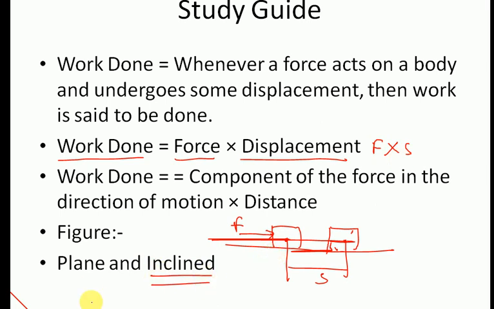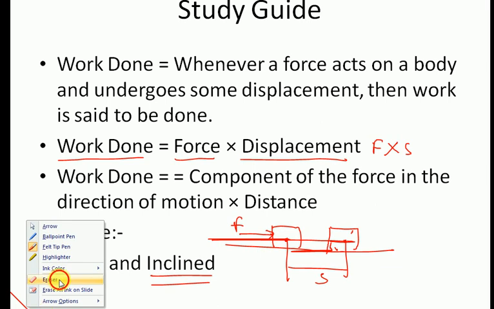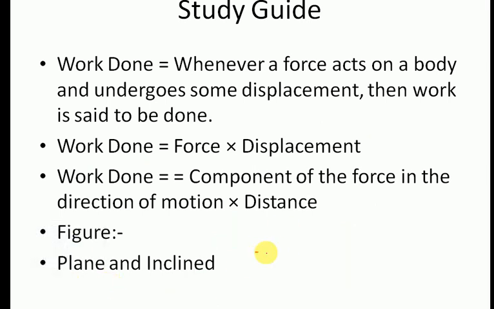Now, an inclined force. What will happen? Let us think about the same object. Now I am applying the force from this point, so an angle will be created, and this angle will be called theta.